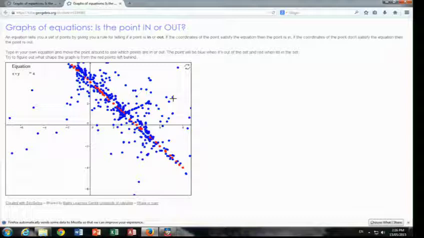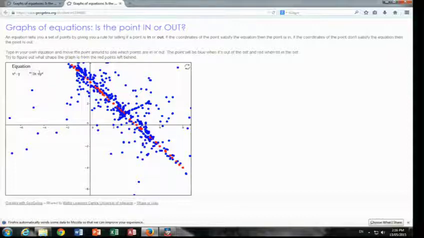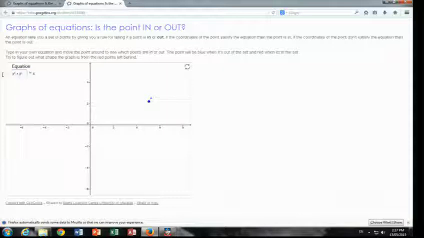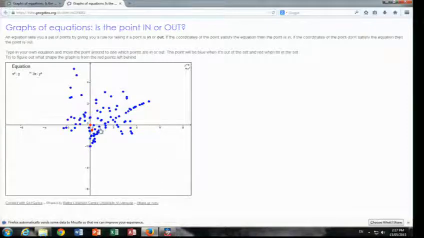So I could put any old equation in here and see what I get. x squared minus y equals 3 times x plus y cubed, something ridiculous. So let's start again. Oh, there's some.